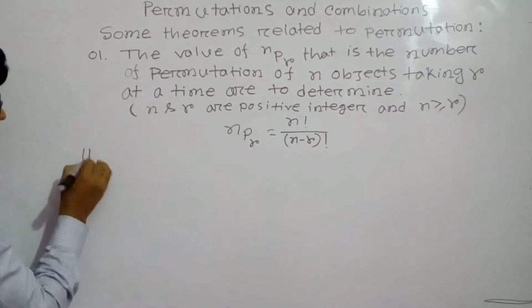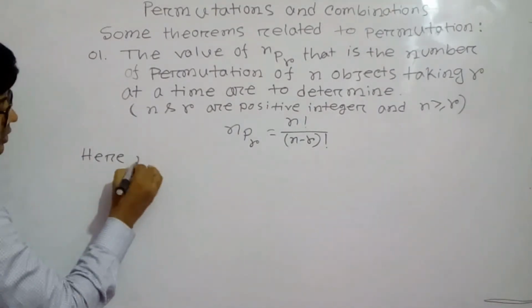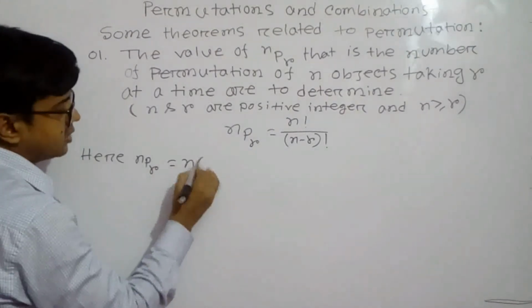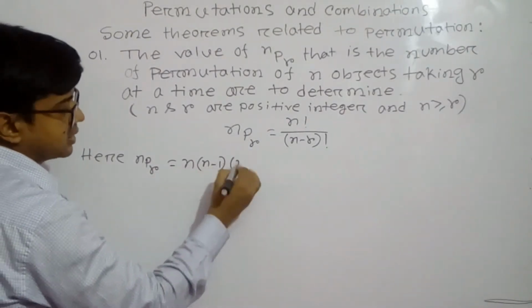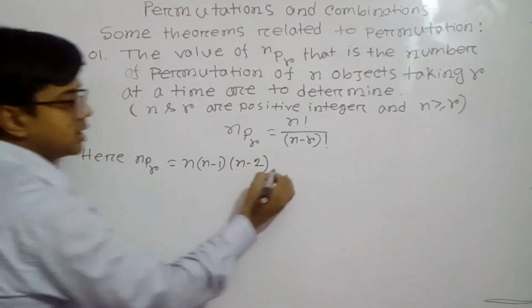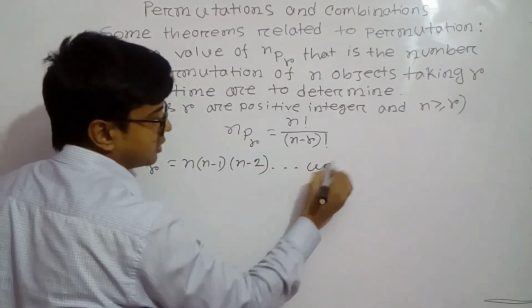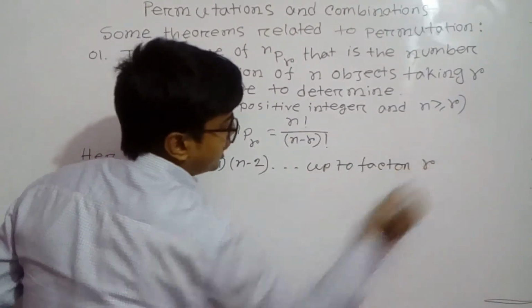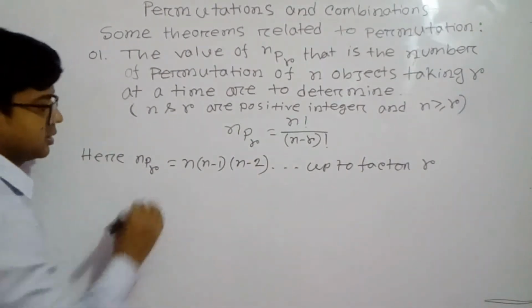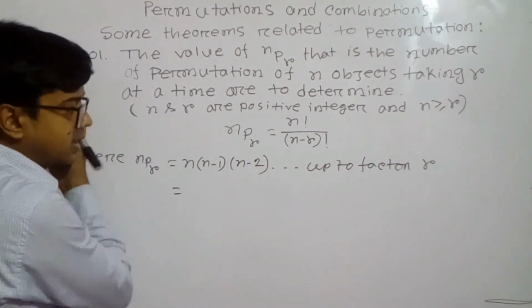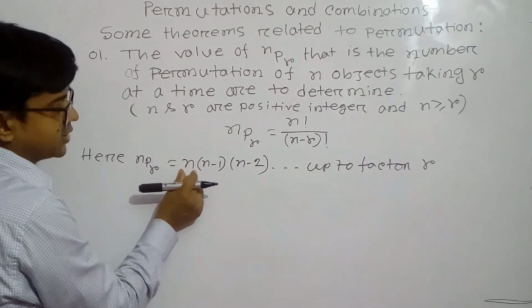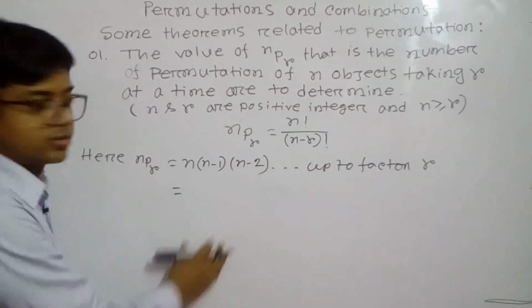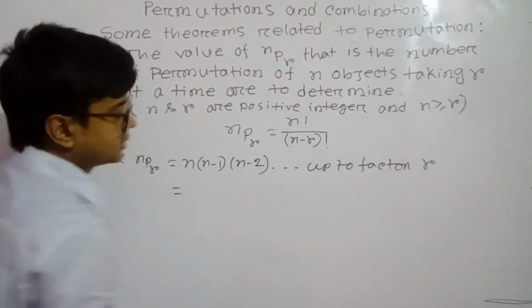So here we can write nPr equals n into n minus 1, n minus 2 and so on up to factor r. Here n is the first factor, n minus 1 is the second factor, n minus 2 is the third factor, and up to factor r.